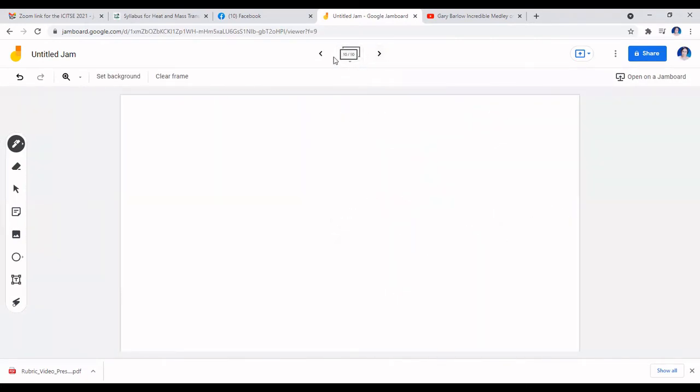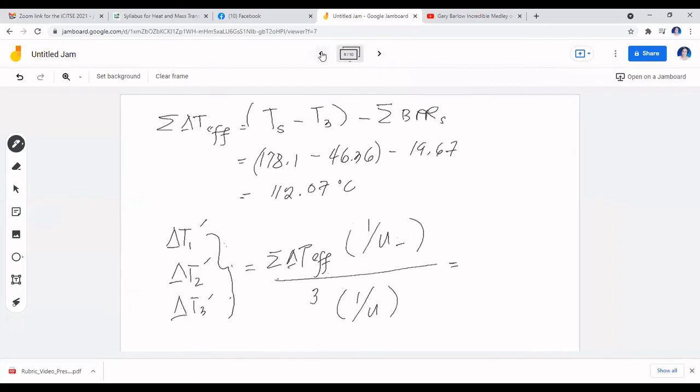Divide by 3 times 2840. Please check my value. Is this 37.36? Oh, correct. So 37.36 will be our new delta T's.